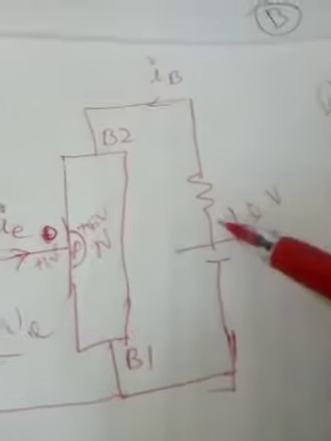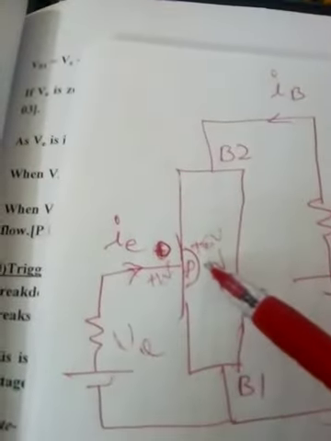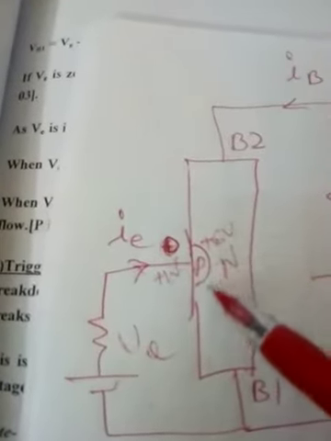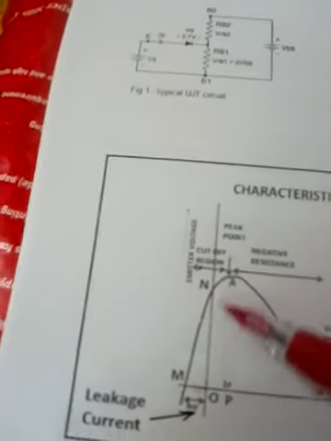So when the emitter voltage becomes equal to 6 volts, that is applied voltage times intrinsic standoff ratio, the voltage across the PN junction will be 0. So the leakage current also will become 0, or the emitter current will become 0.